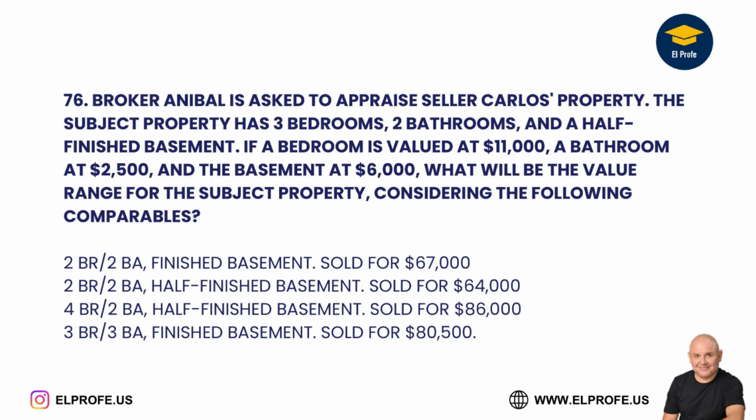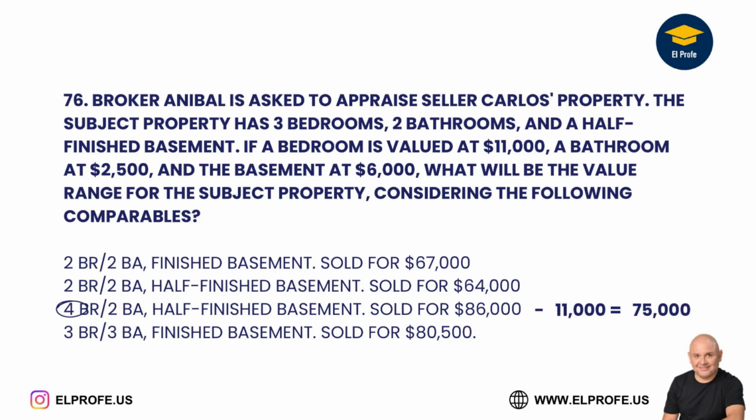What we know about comparables and the sales comparison approach is that all adjustments are made to the comparables, and they are done inversely. For example, let's look at the comparable that has 4 bedrooms. It has 1 extra bedroom compared to the subject property, which only has 3. Therefore, you must subtract the value of 1 bedroom from this comparable.